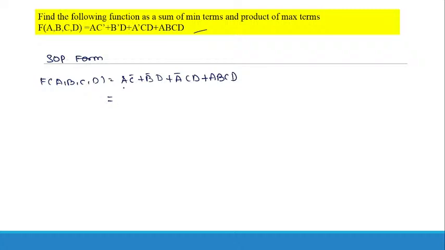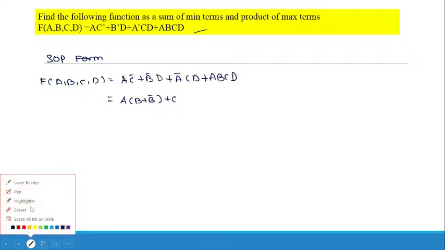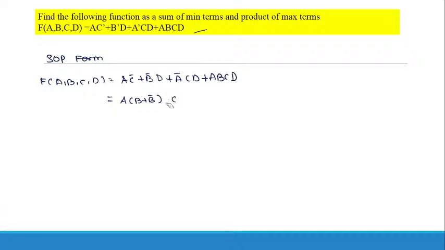So here, since it is SOP, you have to multiply with 1. What is that 1 value? B plus B bar. Then C bar, D plus D bar.